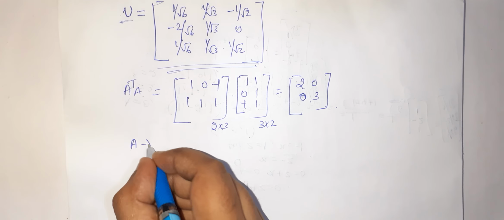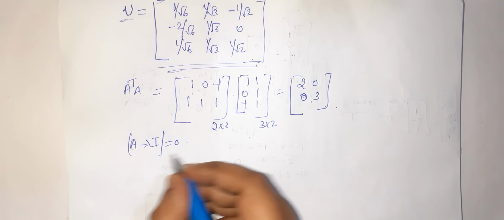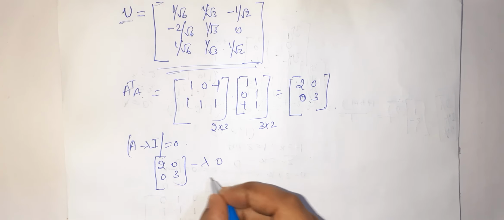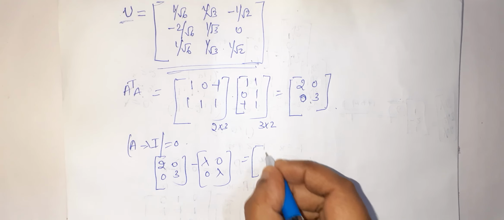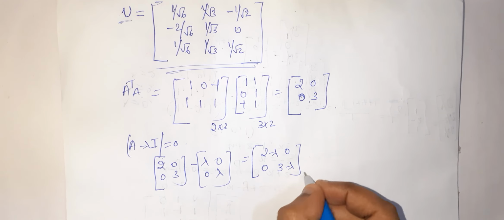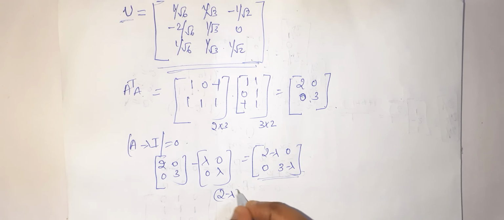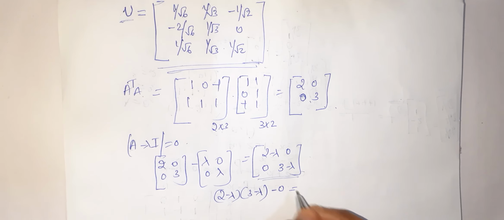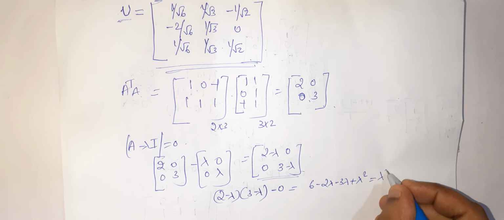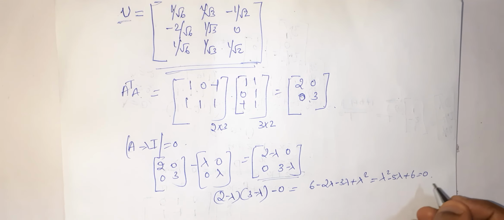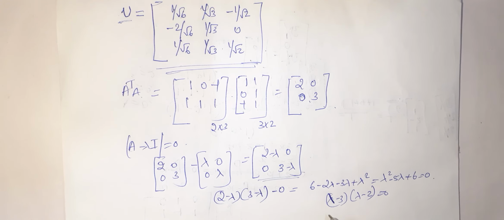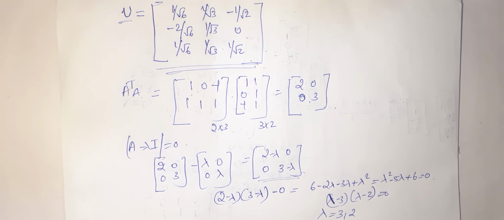Find the characteristic equation A minus lambda I equal to 0. Substitute it here. Take the determinant of this matrix. Therefore, we get the eigenvalues as lambda equal to 3 and 2.